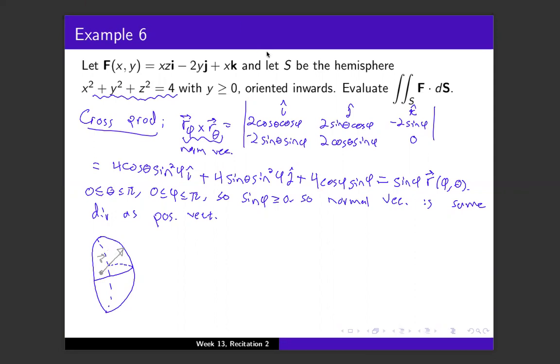The normal vector in that case is going in the same direction, right? But we're told that our surface is oriented inwards, which means we want to actually be opposite that. That's okay, that's not a problem. You can make it oriented inwards just by flipping it. So the orientation is off.